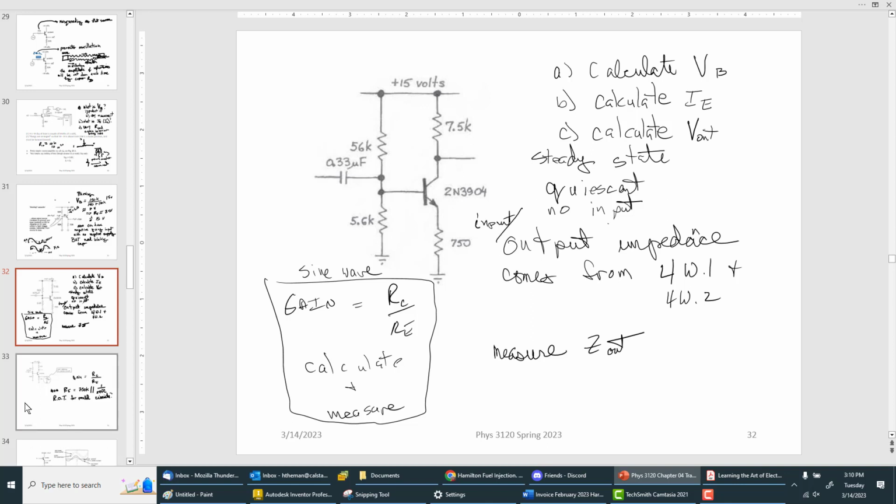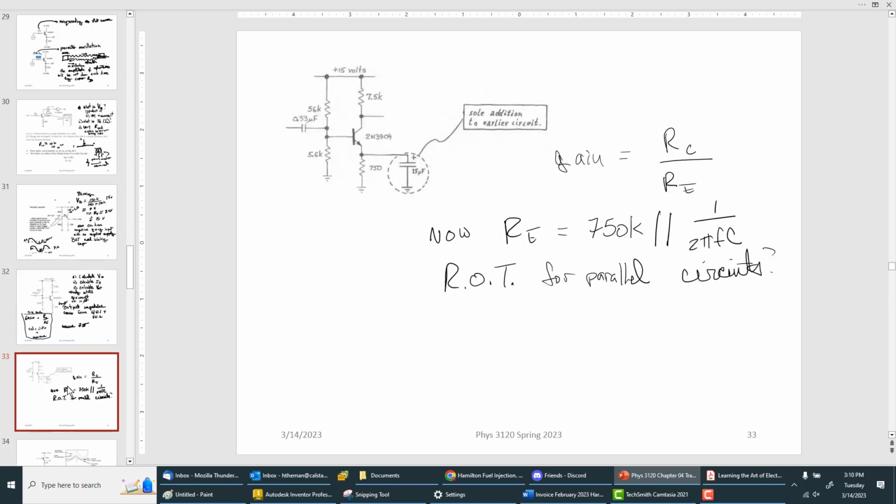And the last thing, I don't know if you'll get to it today, but it's the last thing before the transistor switch. They want you to add this capacitor. And not to take you too far down the road, just to get your brains thinking, remember once again that the gain is the collector resistance divided by the emitter resistance.